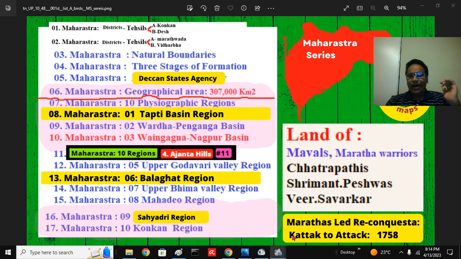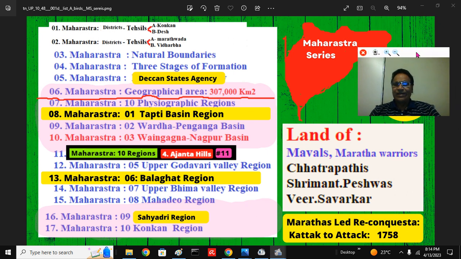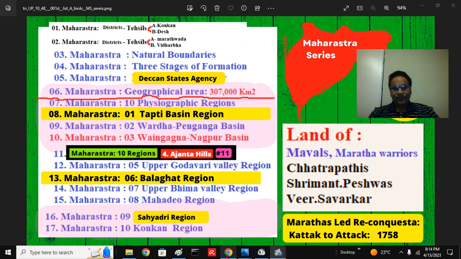That is from Attock to Cuttack. The term was used for the Maratha Empire: Cuttack on the banks of Ganga Sagar in Kalinga, Utkal, Orissa, to Attock on the banks of river Sindhu, Sindhu Sagar we can say. Attock to Cuttack, Maratha Empire existed.